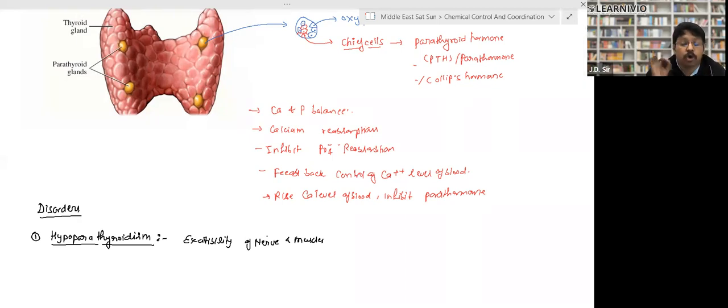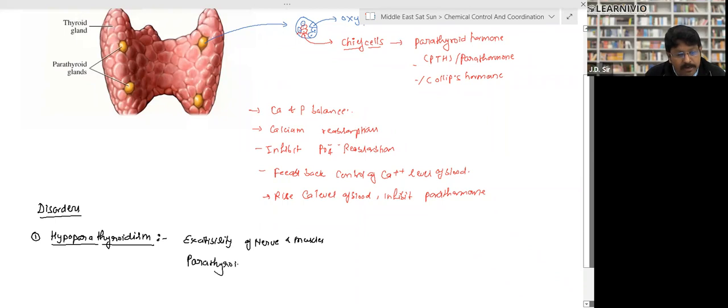It is also called, very important, please note it down, underline this statement, parathyroid tetany.